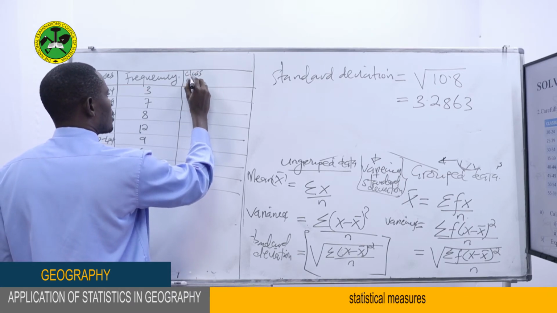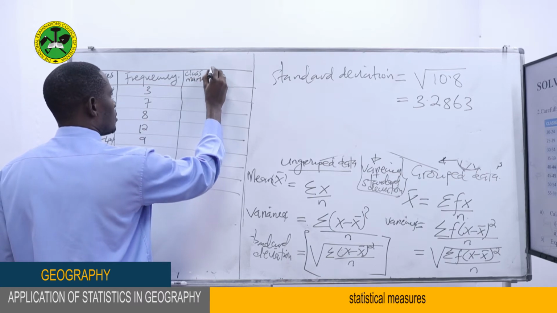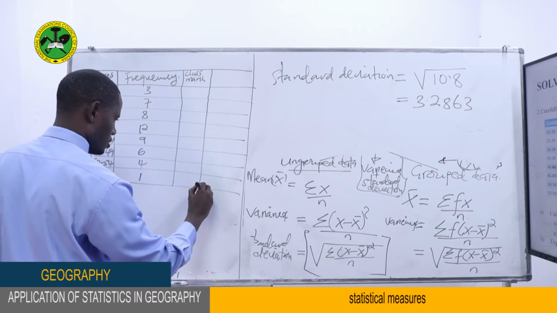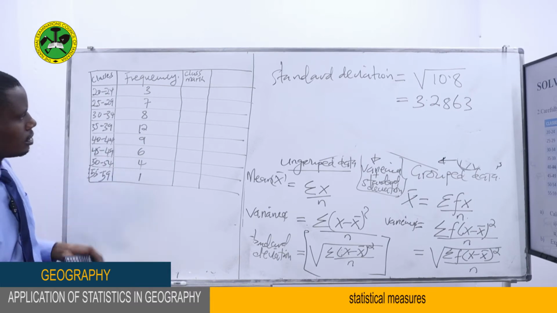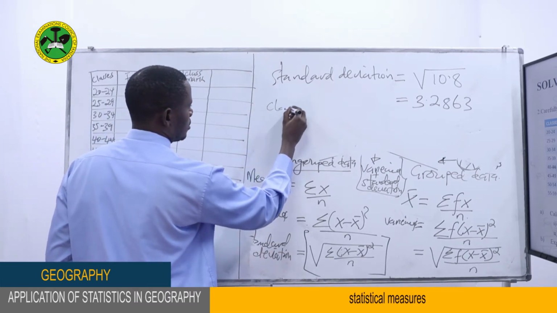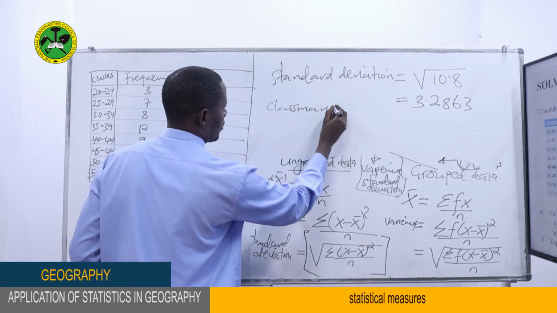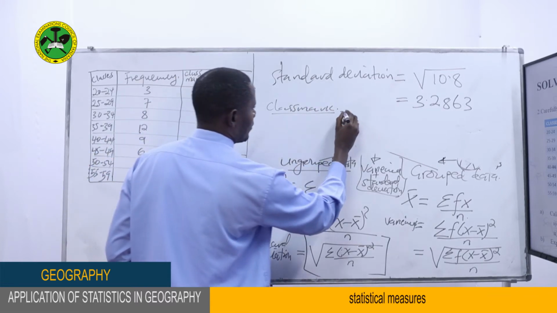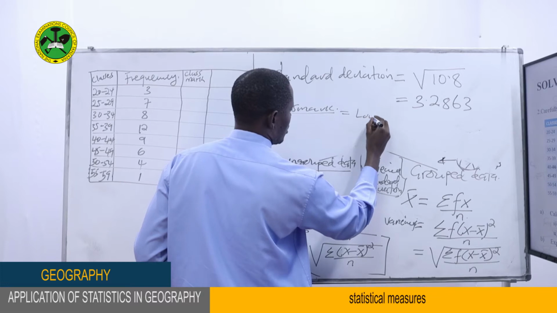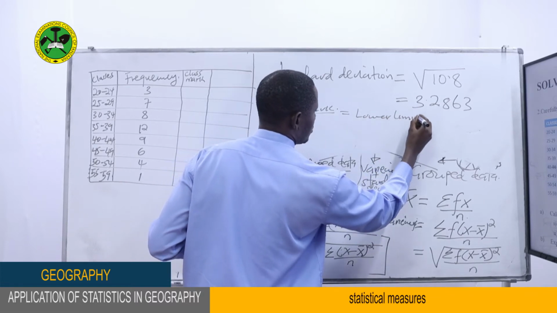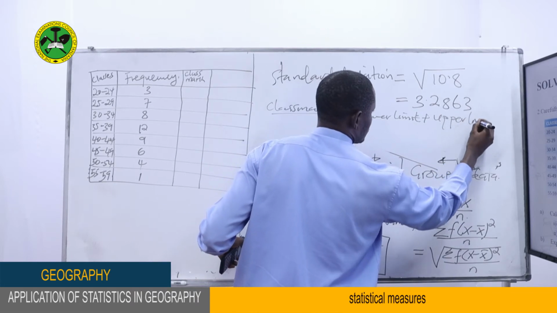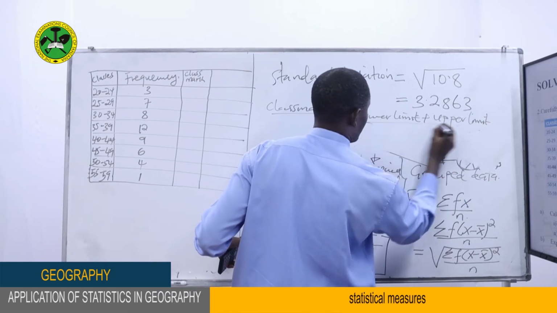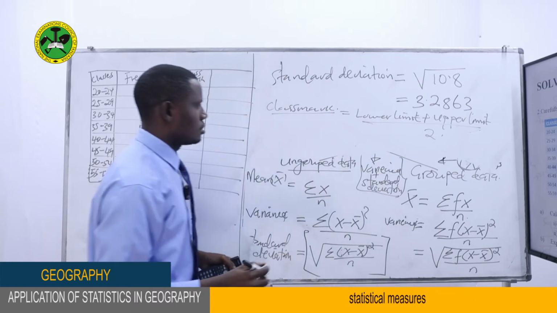We establish another column especially for the class mark, which is given by taking the lower limit plus the upper limit, then dividing by 2.